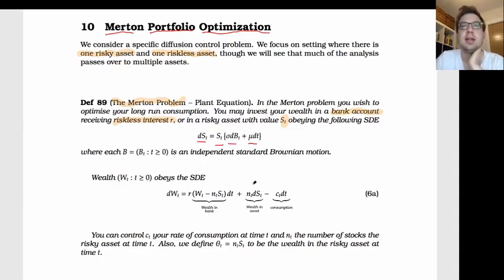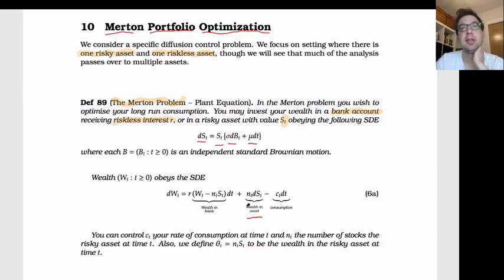So if we do that, let's say N of t here is the number of stocks that we've bought at value S of t. And we look at the change in our wealth, then this is going to be the change due to our investments of buying N of t stocks in this risky asset. So that's our wealth invested in the risky asset.